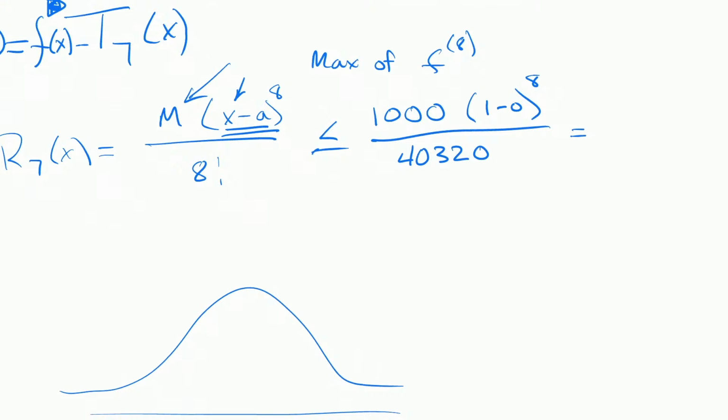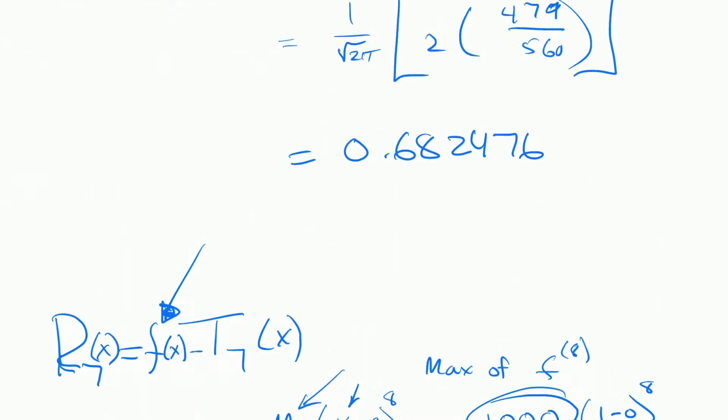Anyway, you can see here that this is going to be on the order of 1/40th, that means at least about 2 digits. And that was overestimating that maximum. So my estimate is pretty darn good, is what I'm saying here.